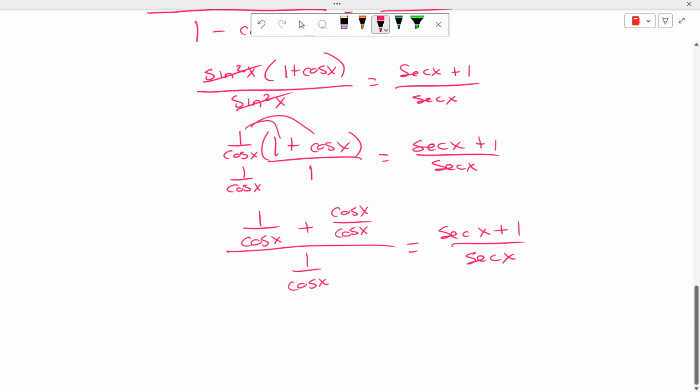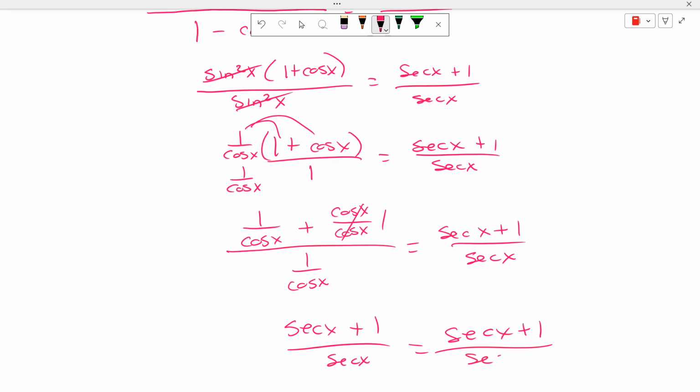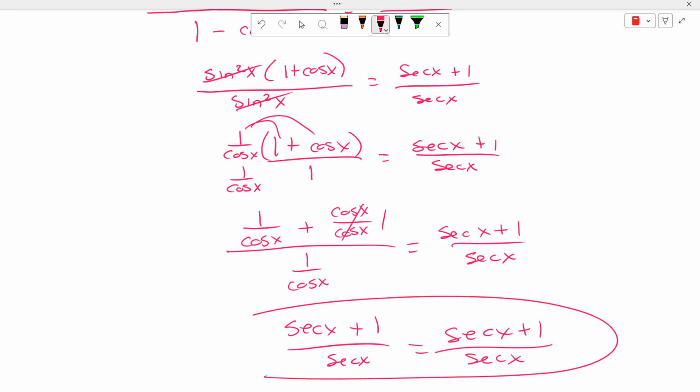What's cosine over cosine? That's 1, right? What's 1 over cosine? So I get secant of x plus 1 over secant of x. Oh, look at that. I am a wizard, aren't I?